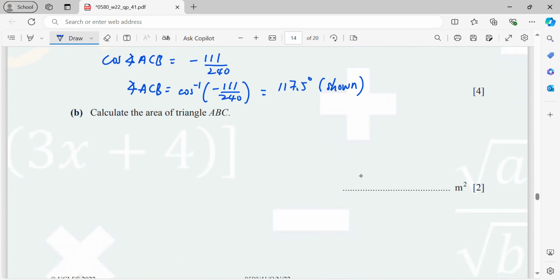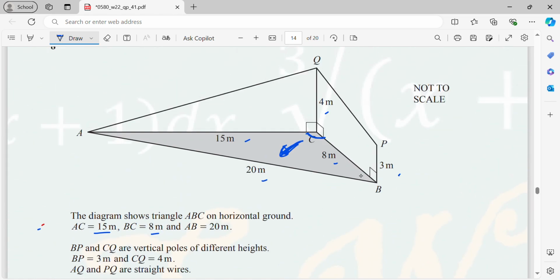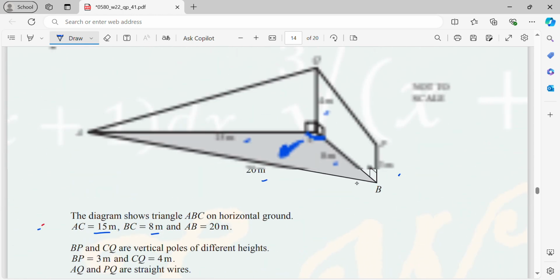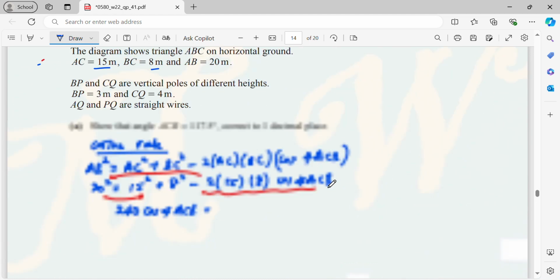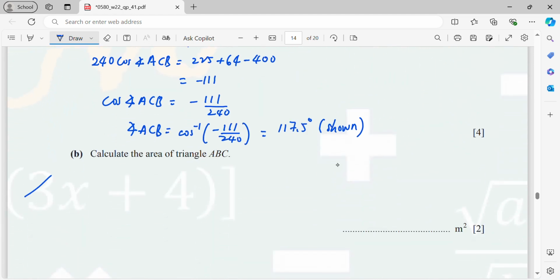B, calculate the area of the triangle ABC. Since we have 117.5 degrees, we can find the area using a formula. Let's say this is the triangle, A, B, this is theta. So the area is basically half ab sine theta.